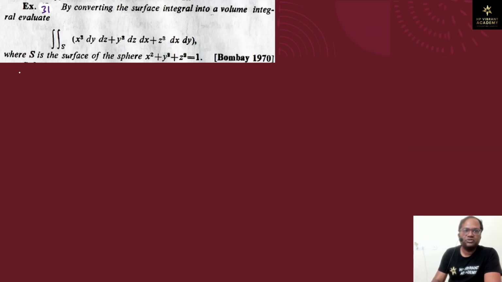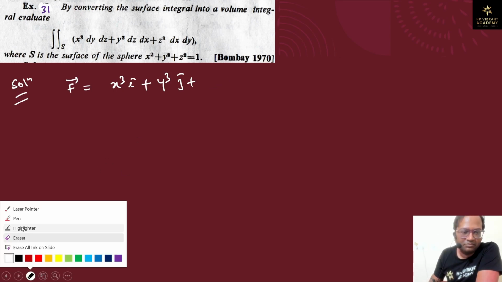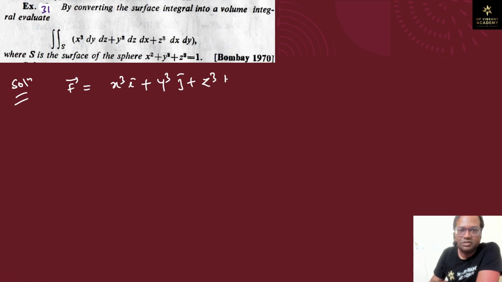Let us discuss question number 31. How can we solve this? By converting the surface integral into a volume integral. On comparing this with the Gauss divergence theorem, we have the value of f as x cube i cap plus y cube j cap plus z cube k cap.